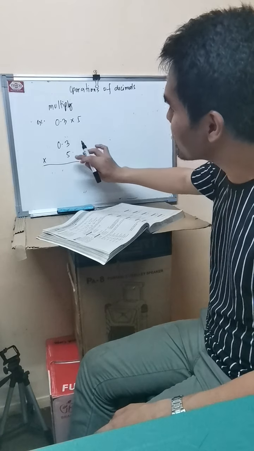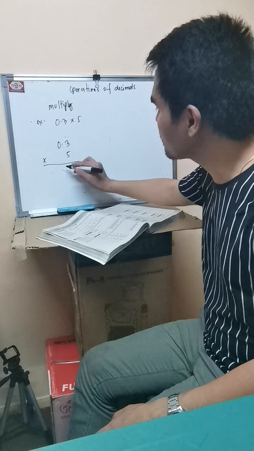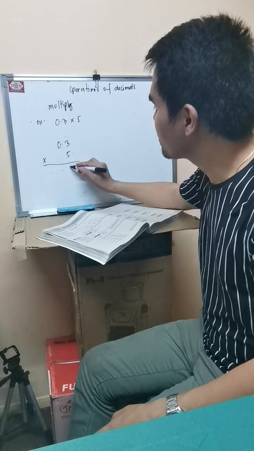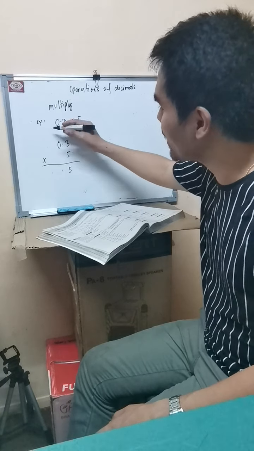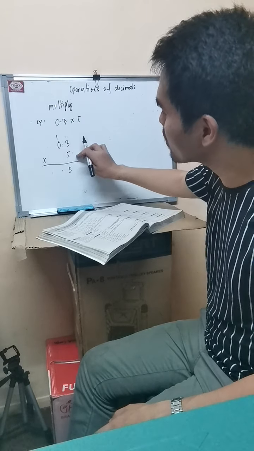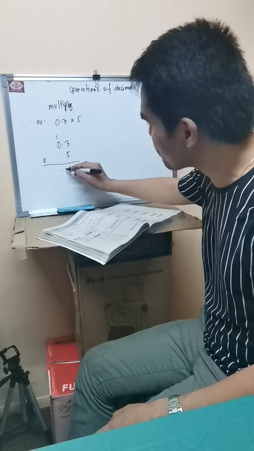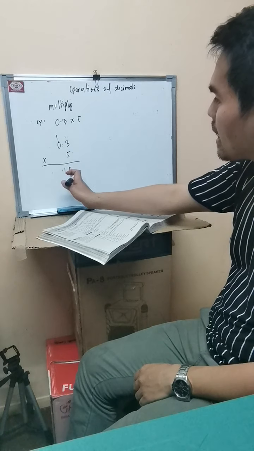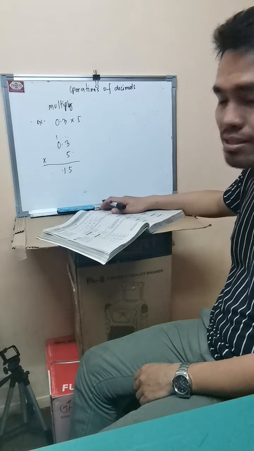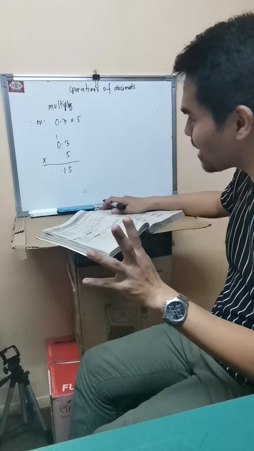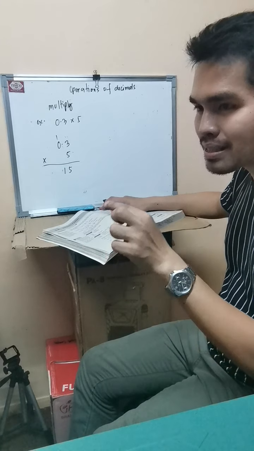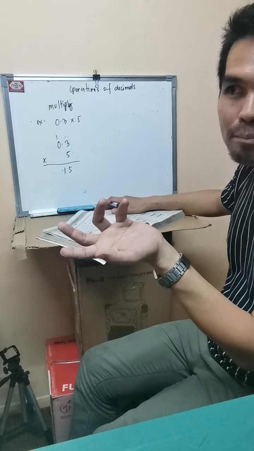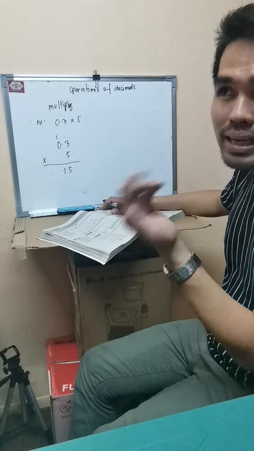Okay, we'll multiply. 5 times 3, that's 15. That is, we write here the ones place below and then the tens place above. And then 0 times 5 is 0 plus 1, that's 1, so 15. Now, it's important that from the last place value in your product, you will count how many place values are equivalent to the digits in the decimal part.